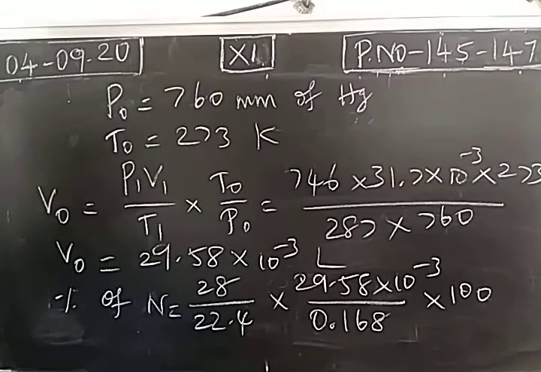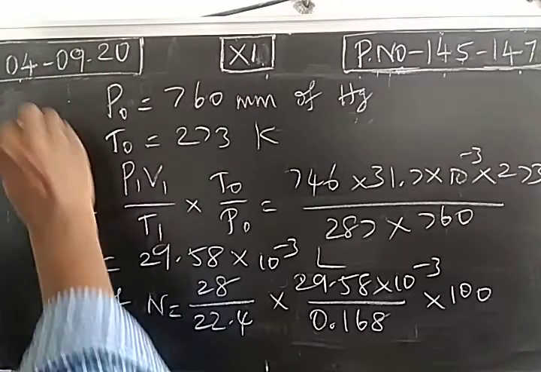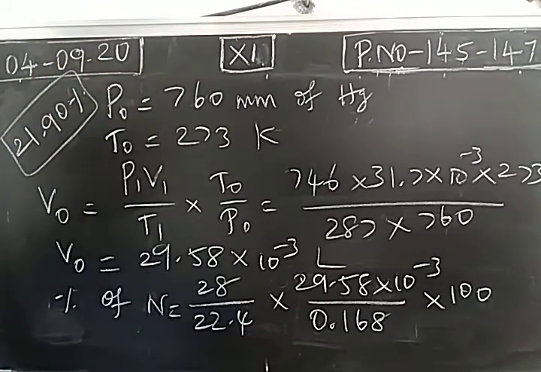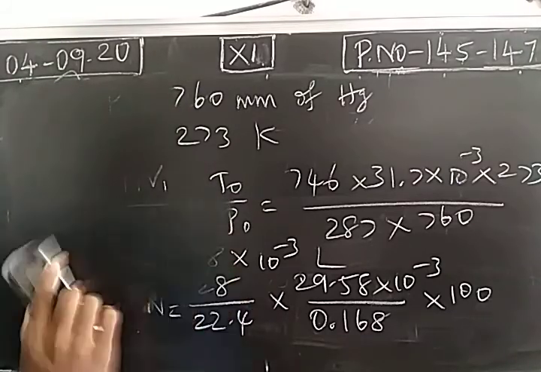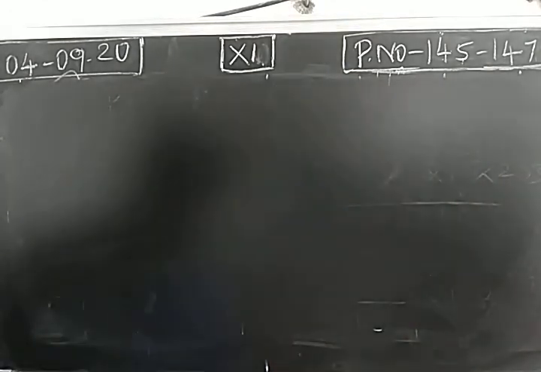So the answer is 21.90 percent. Percentage of nitrogen 21.90. So this is a 5 mark problem. So we have completed Dumas method: using the Dumas method, how to estimate nitrogen present in the organic compound.